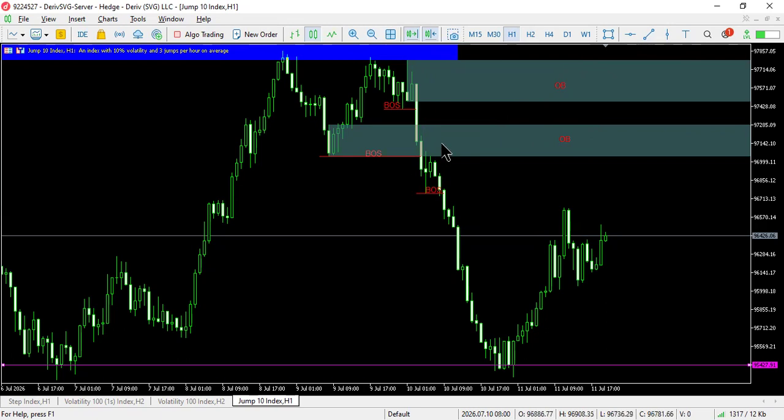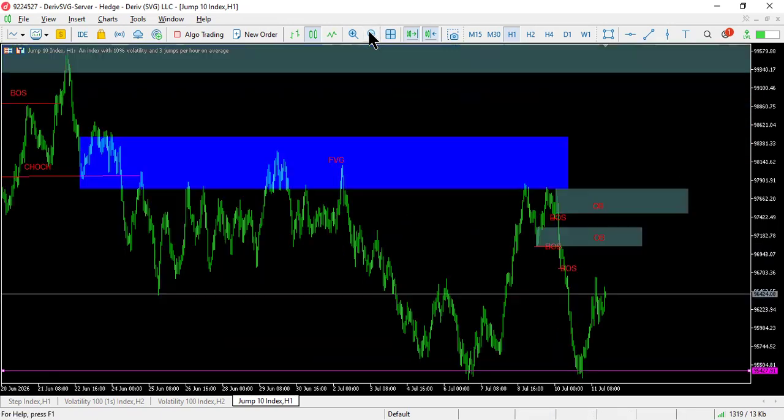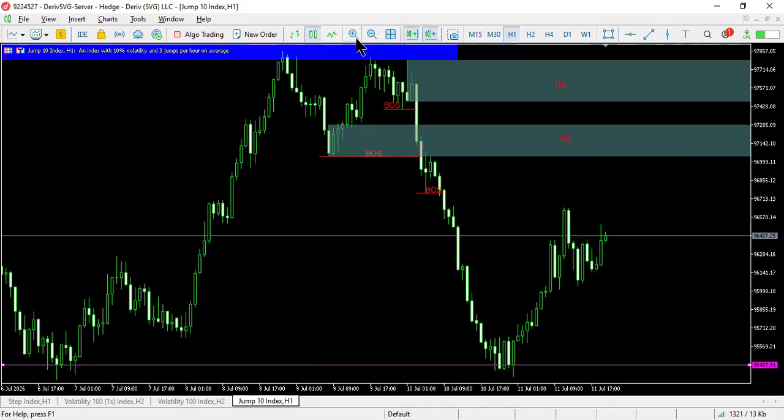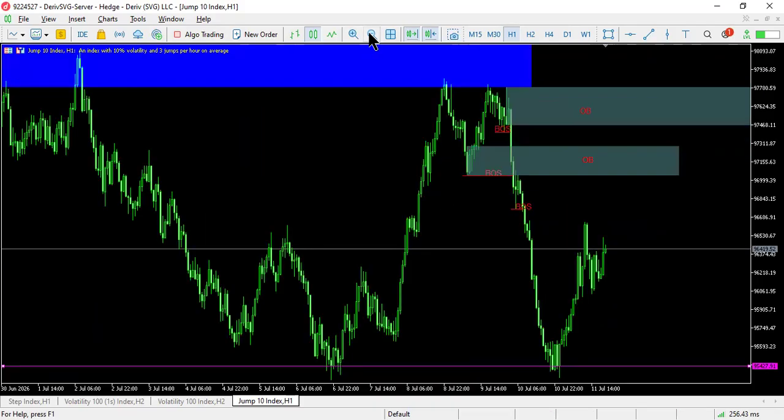Therefore, all my confluences are intact. We have a recent break of structure. We have liquidity present to this order block. I'm seeing this as a liquidity area that price has to sweep to go and tap me in.